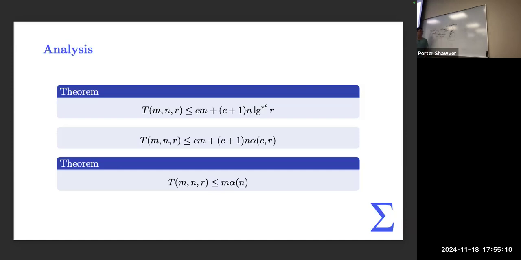What is the single argument of the function? The single argument alpha function is the min i such that the two argument function on 2 is greater than or equal to n.